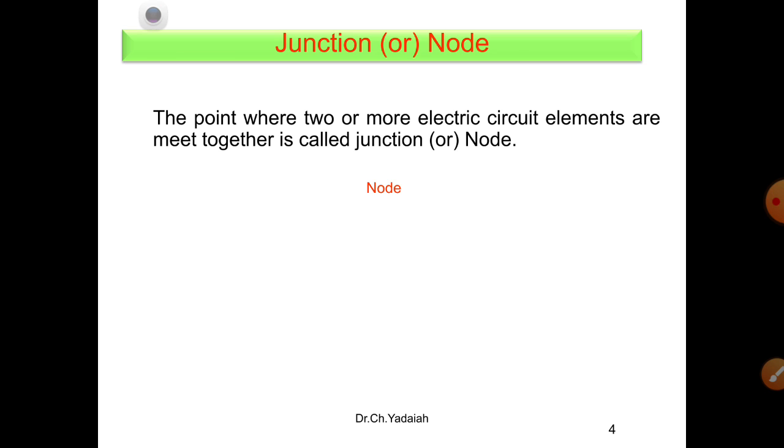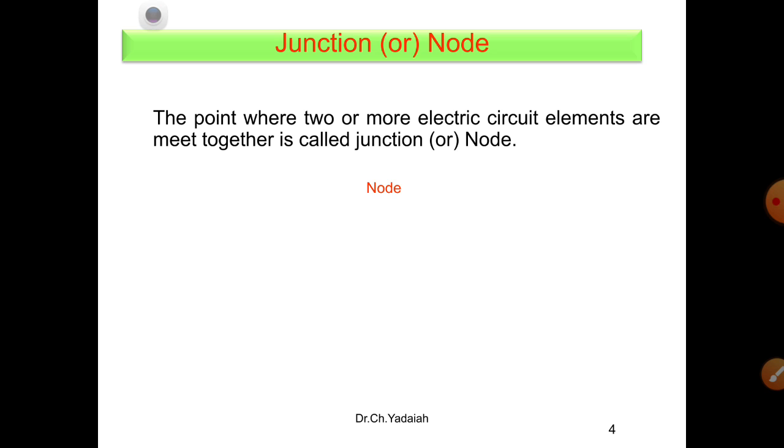Now, what do you mean by the active networks? The active networks consist of active elements and passive elements. Passive elements we know are R, L, C. Now, what are the active elements? The active elements are batteries, energy source elements, whether a current source or voltage source.